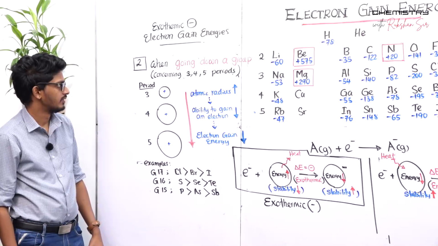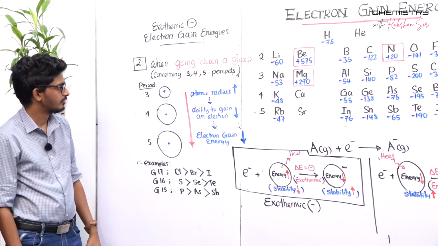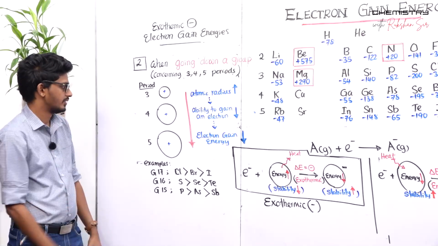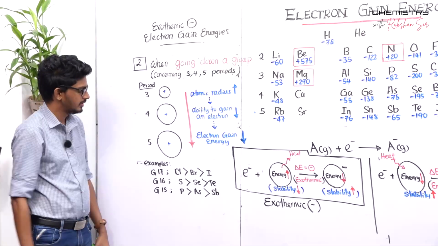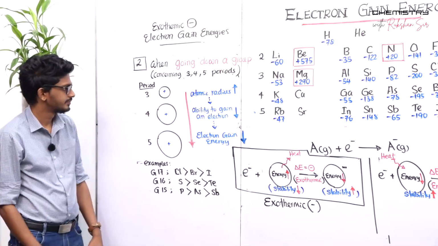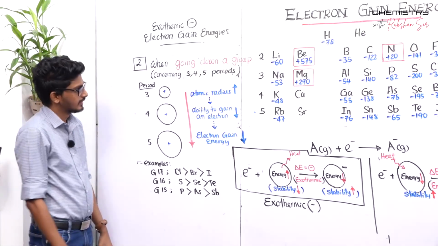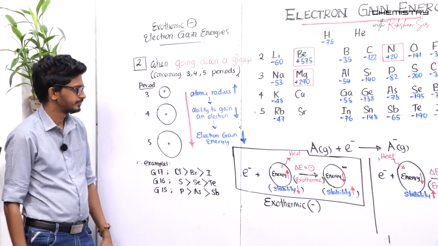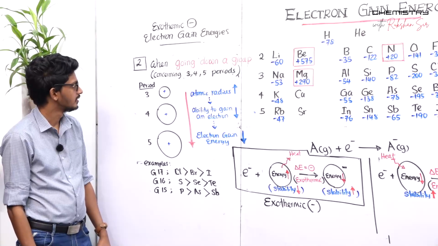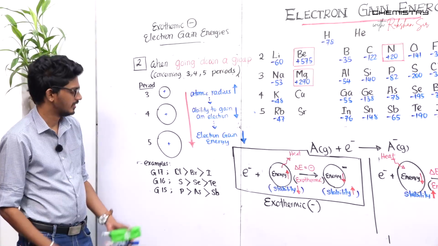When going down a group, considering the third, fourth, and fifth periods, the value decreases. This could be chlorine, bromine, iodine, sulfur, selenium, phosphorus, arsenic, bismuth, even sodium, potassium, rubidium. This is the second concern about the first electron gain.